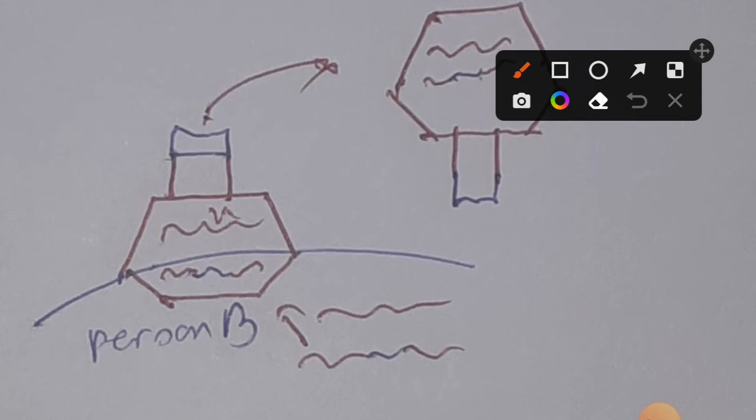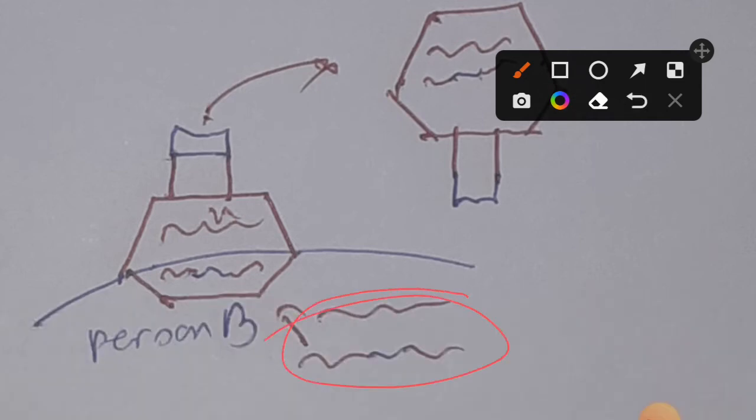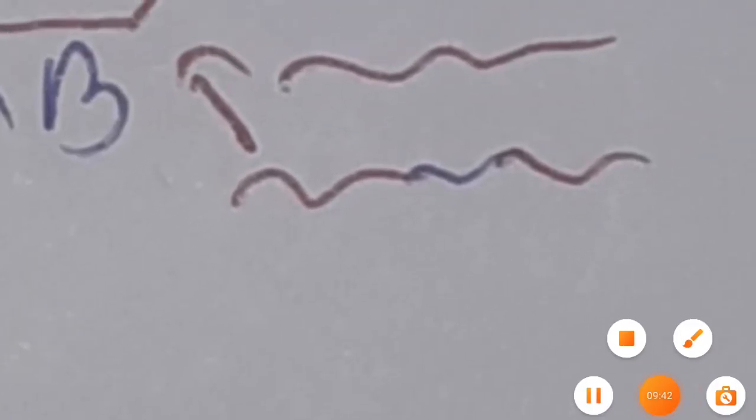Okay, so in person B, during replication, transcription and translation, suppose a mutation occurs. Remember one thing, in the case of influenza virus, the RNA polymerase we are using does not have any kind of proofreading activity. So there can be an incorporation of an erroneous base which it cannot repair.